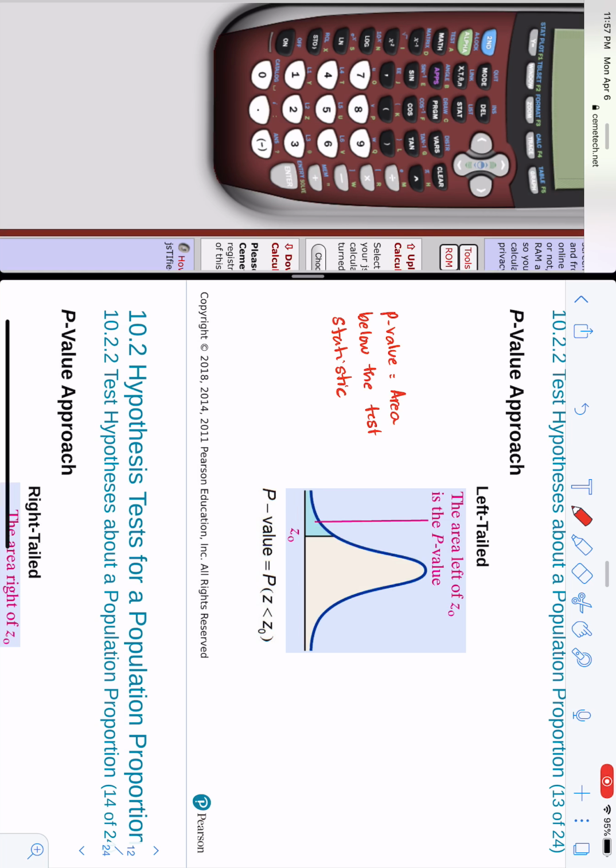So keep in mind, when I say area, we mean to say the probability under the density curve. So we will have to make use of a CDF to find the p-value.